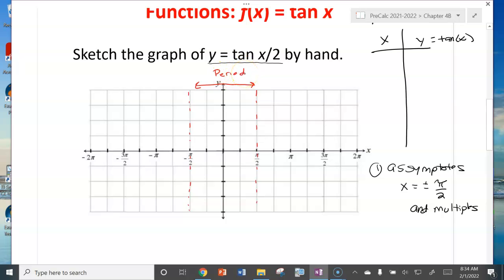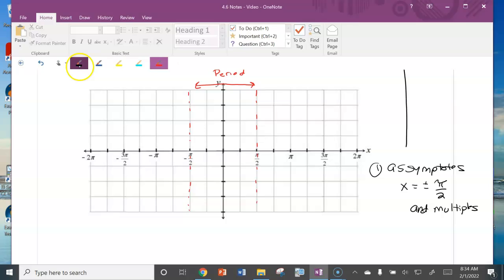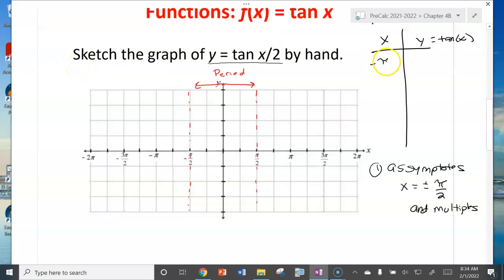Now here's where the points come into play. If I do tangent of negative pi over 4, you're going to find that that equals negative 1. So I've got a point right there. Tangent of 0 is 0, so I have a point right there. And then tangent of pi over 4 is 1, so I have a point right there.